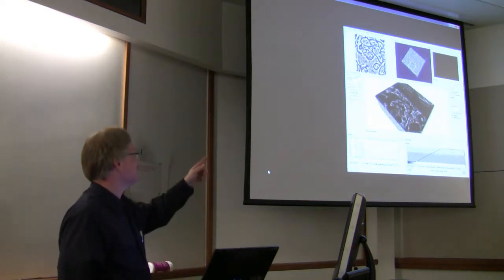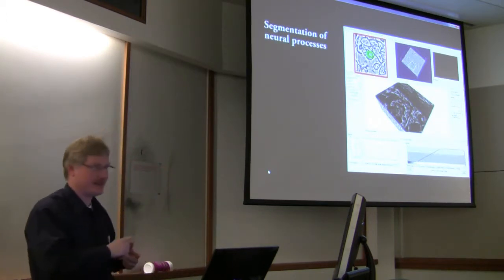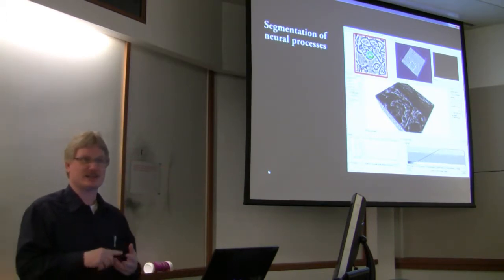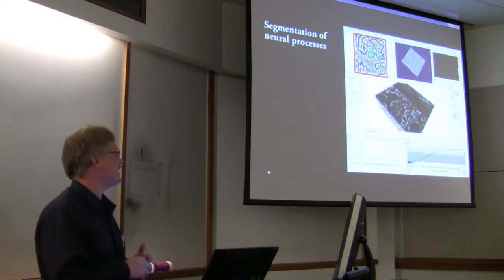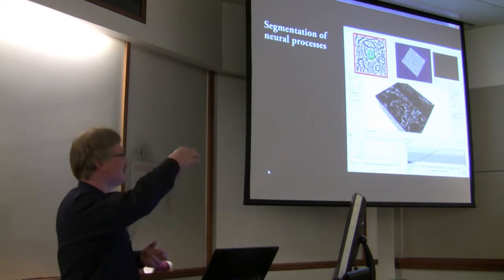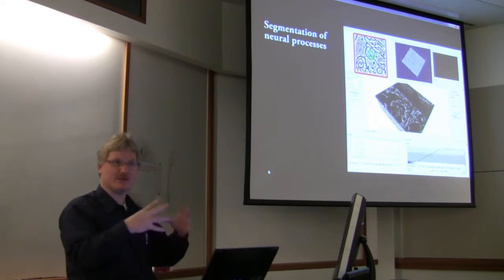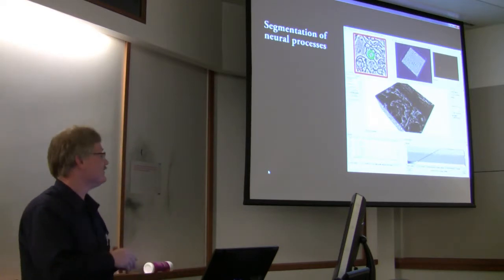All right. So this is looking at a combination of an image analysis and visualization tool. It's actually visualization in support of image analysis. What they want to do is segment these neurons that are going through this slab of 3D volumetric data.